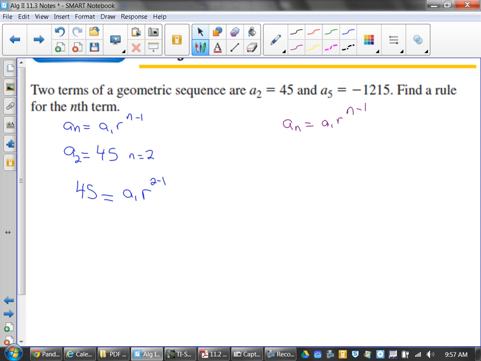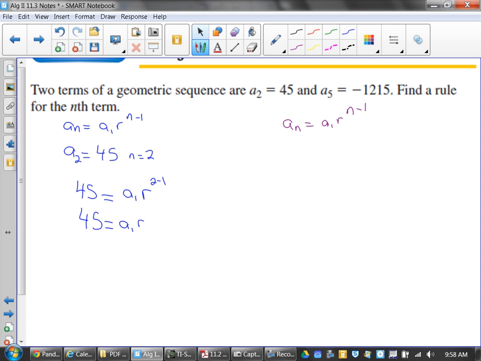What can I simplify here? 2 minus 1 is 1. You almost said 2. I should have said 1. Is that okay to leave it like that for right now? Yes. All right.